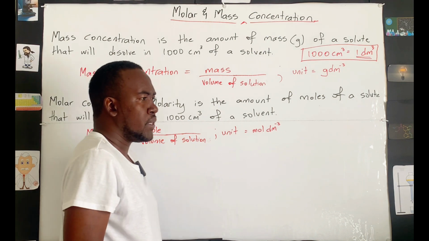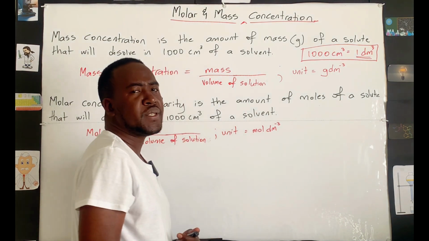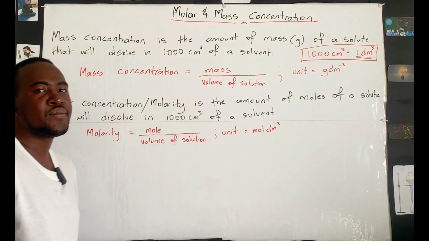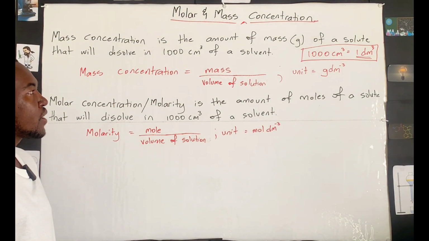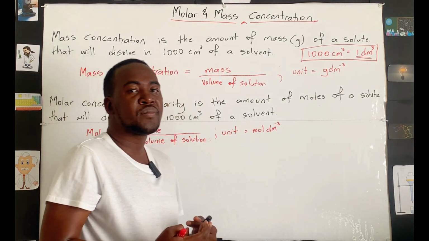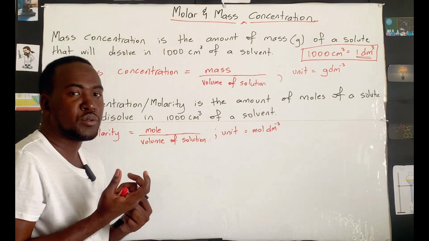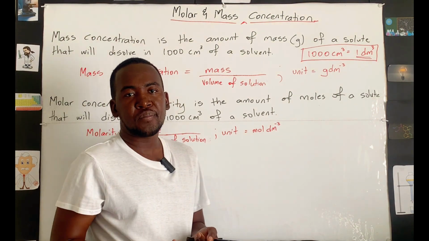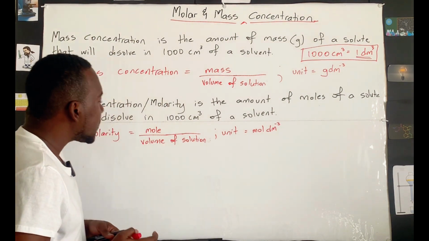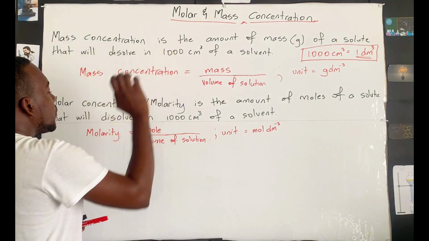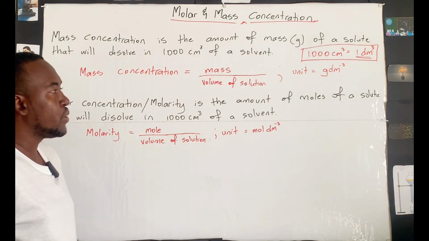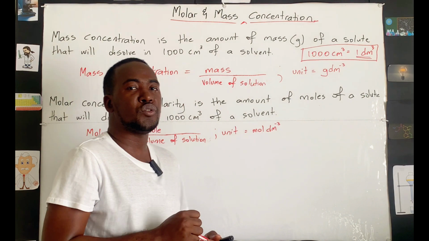So now that we know what each term means, concentration has to do with how much solute is in a specific amount of solvent or solution. Normally we focus on 1,000 cm cube, which is basically just 1 dm cube.